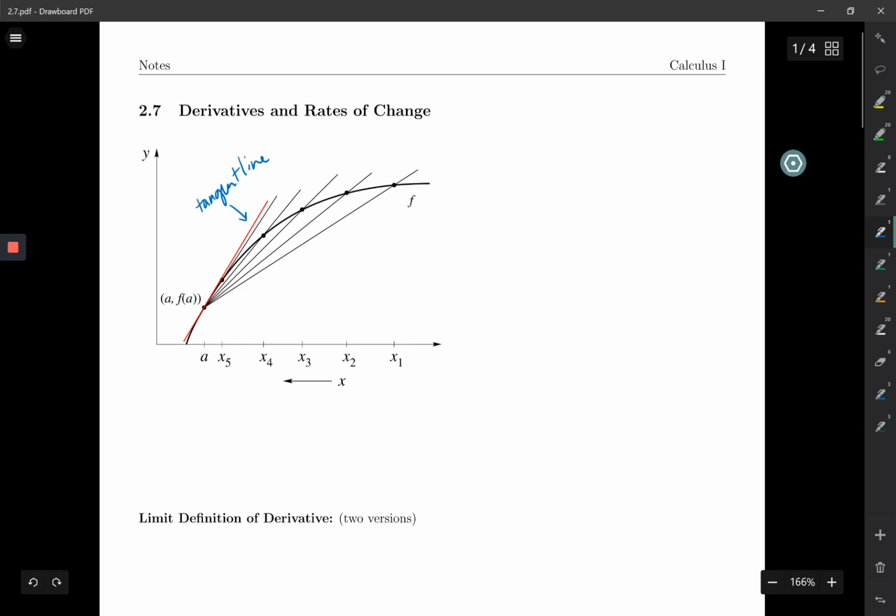And it is tangent at this point that's labeled a, f of a, right? So the tangent line, as we defined it before, at x equals a touches the graph at the point a, f of a, so that's the point on the graph right there, and is sloped in the same direction as the graph.